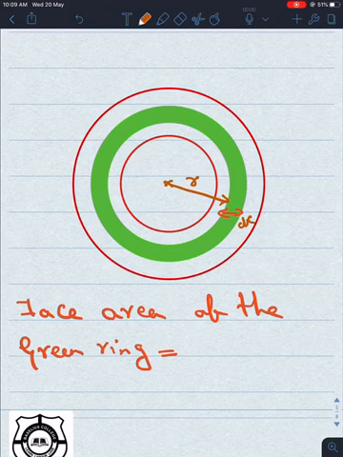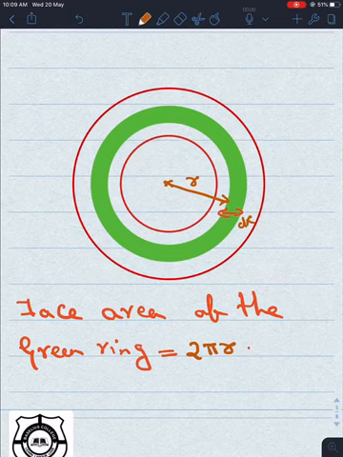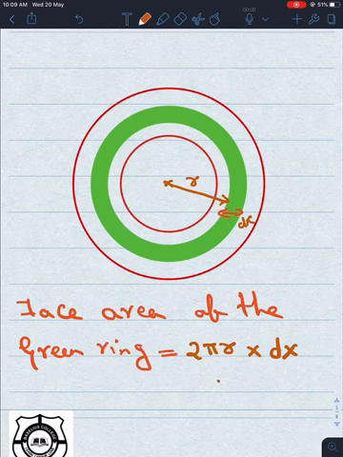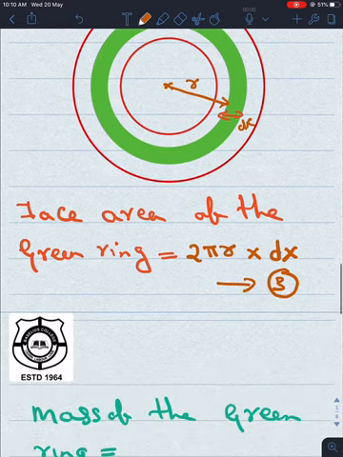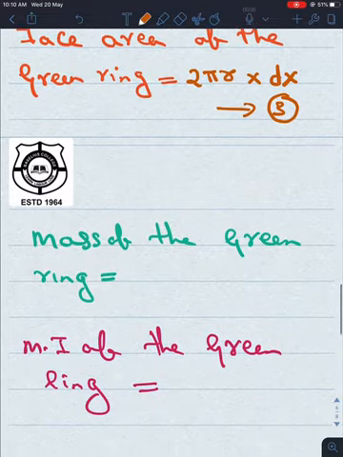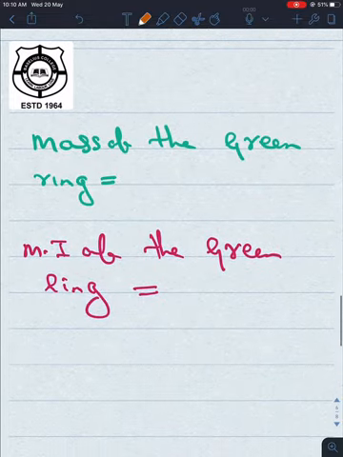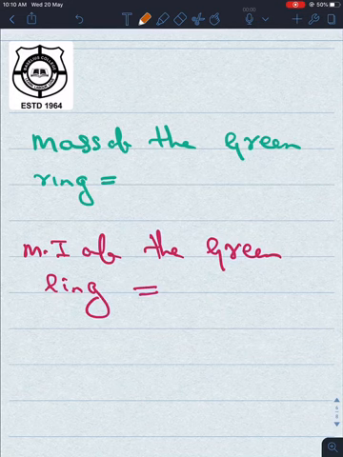Now tell me, what is the face area of the green ring? It is 2 pi r into the thickness dx. This we put as equation number 3. Now we can find the mass of the green ring. What is the mass of the green ring?